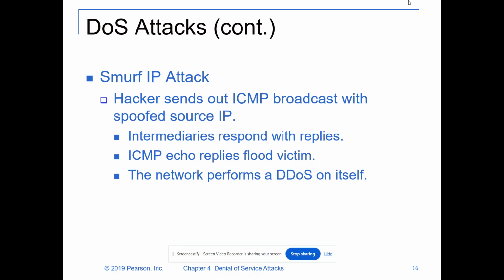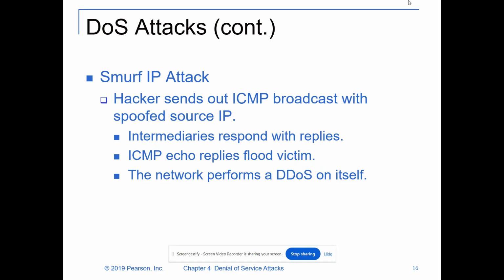And we have a Smurf IP attack. Here, a hacker sends out an ICMP broadcast with a spoofed source IP. The hacker sends out ping packets, and that spoofed source IP is that of the actual victim. Intermediaries, who are broadcast recipients, then respond to the ICMP with replies.